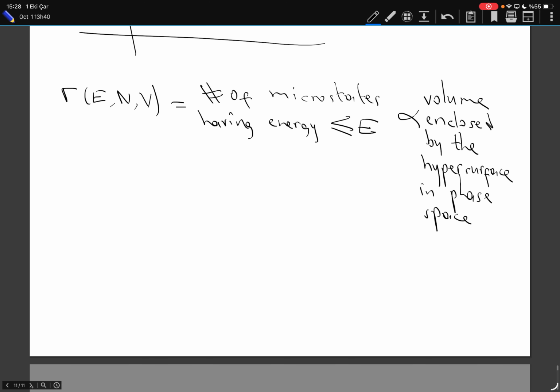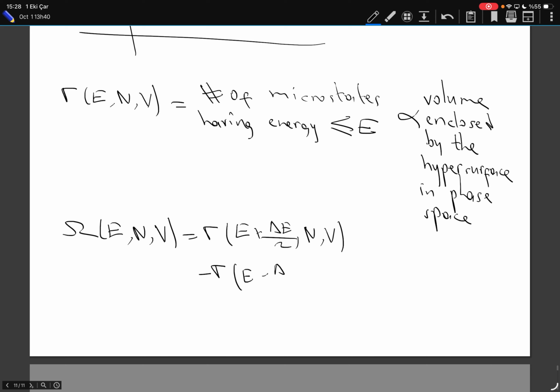Well, then what is omega? You see, we said that omega is the number of microstates having this definite energy E, but we cannot measure energy precisely. There will always be some error bars. So this will be equal to gamma of E plus delta E over 2, minus gamma of E minus delta E over 2, delta E being the error bar in our energy measurements. Although we said that we are looking at an isolated system, no system will be exactly isolated.